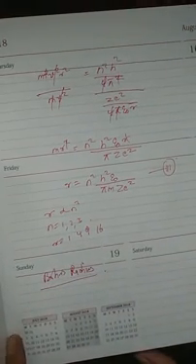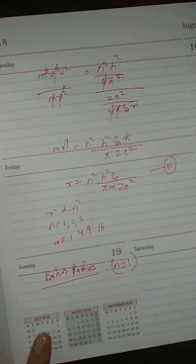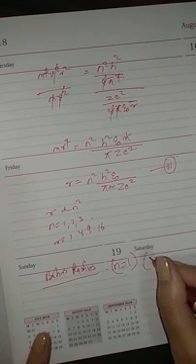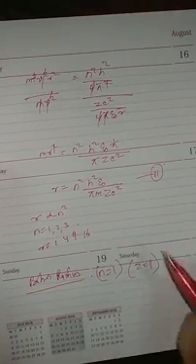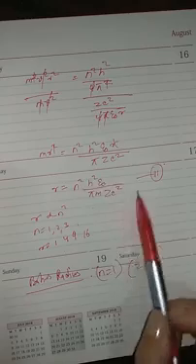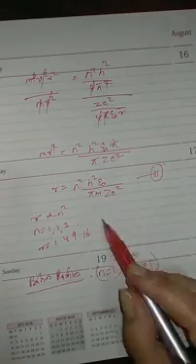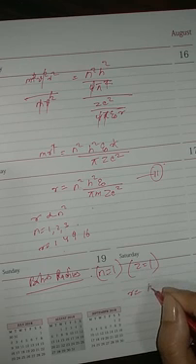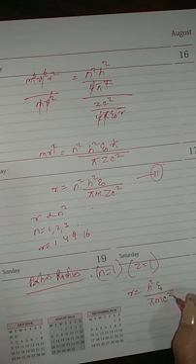Bohr's radius. Now the radius of the first orbit, for n equal to 1, and for hydrogen Z is equal to 1, atomic number is 1. If you put these in this equation, we get r is equal to h square epsilon naught divided by pi m e square.